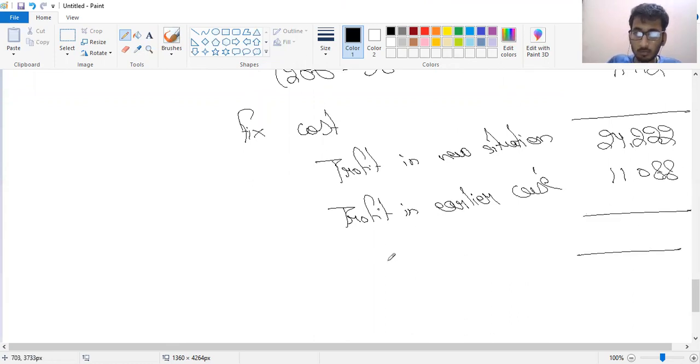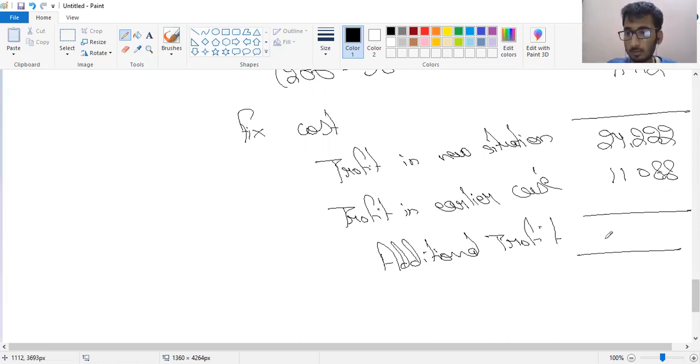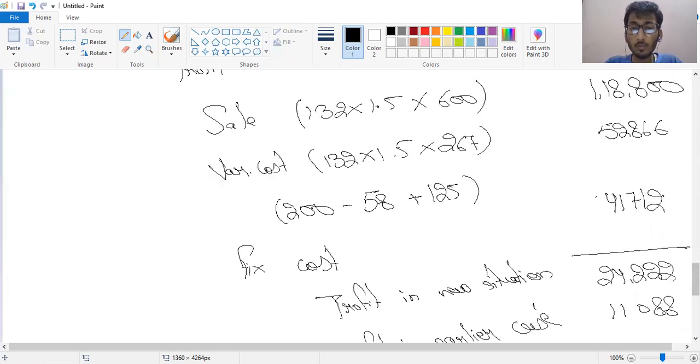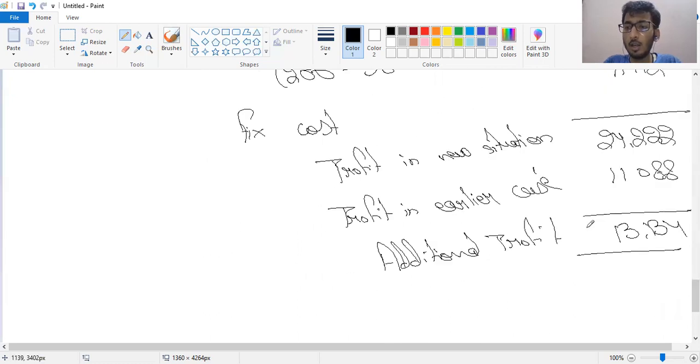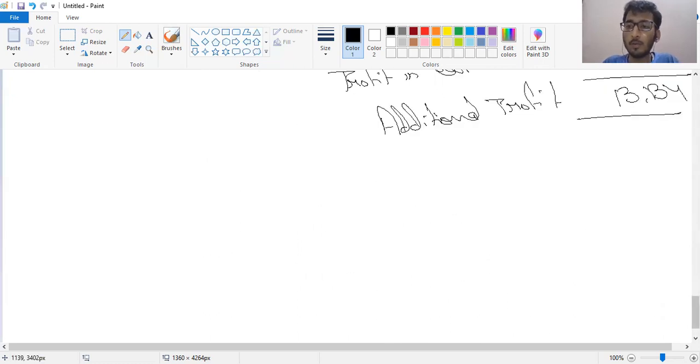So what would be my additional profit? It would be 13134. So by buying the C from outside, I would be able to have an additional profit of 13134. That would be my answer.